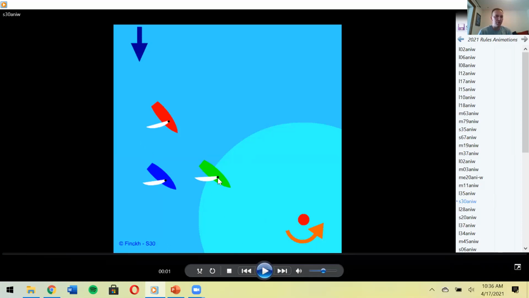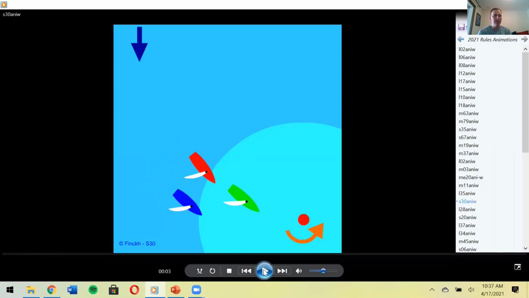Green is coming around. Green now has mark room. Now red has mark room over blue. So in order of priority, it goes green, then red, then blue. But understand also that blue is to leeward of red, and they're both on the same tack.